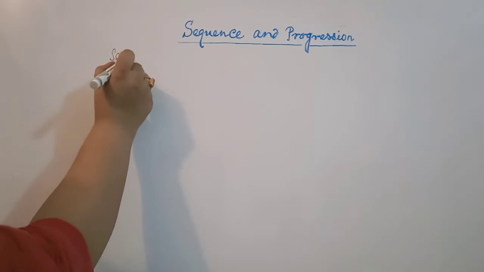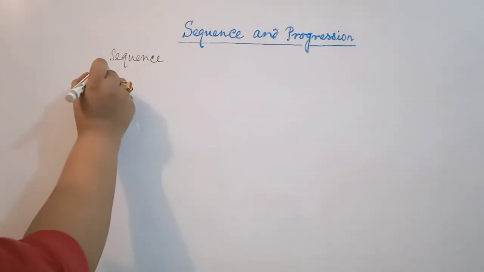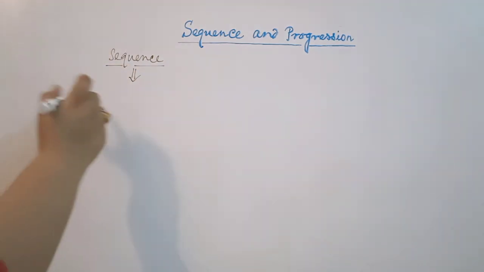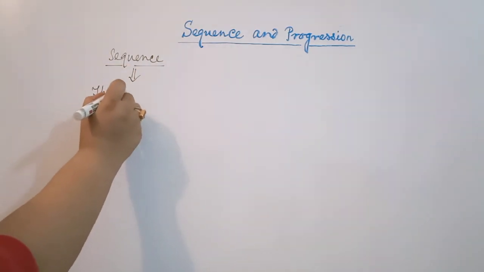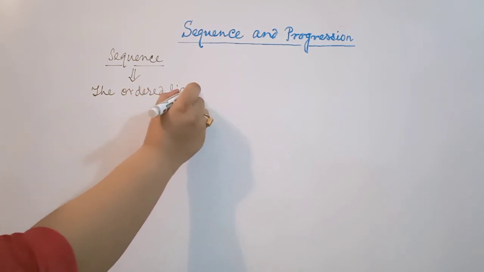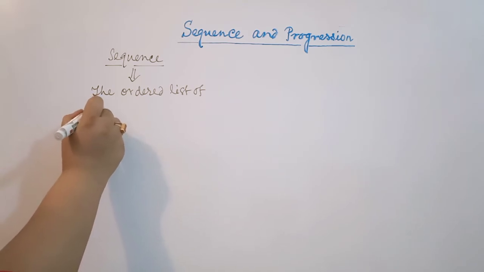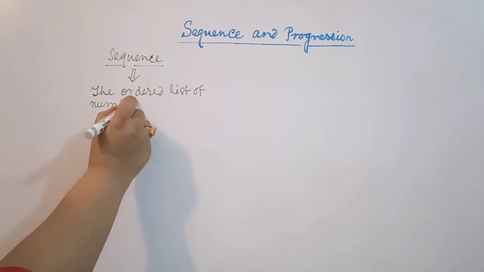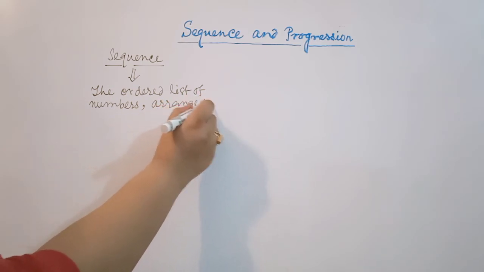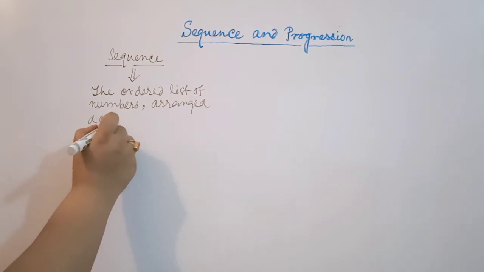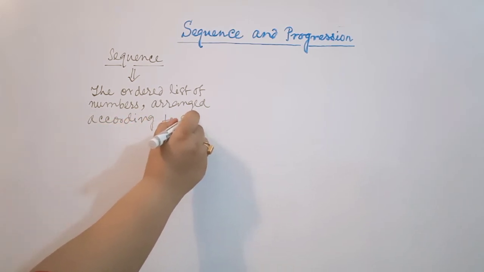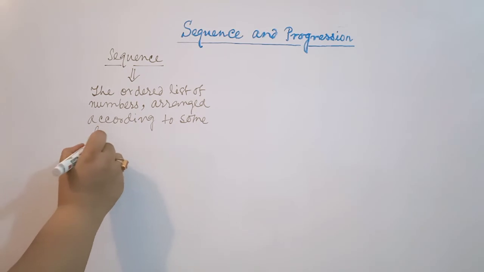What is sequence? Sequence is the ordered list of numbers which are arranged according to some logical rule.